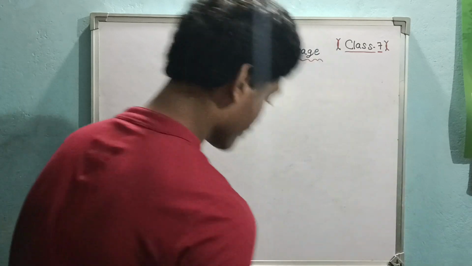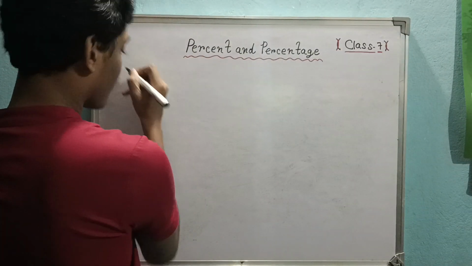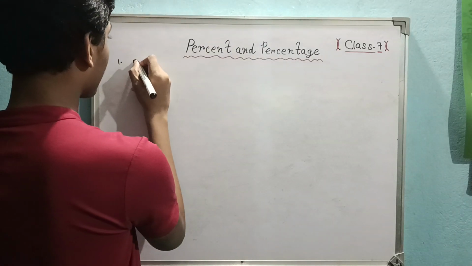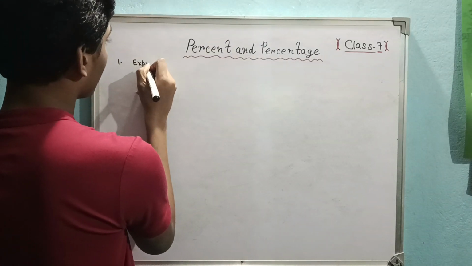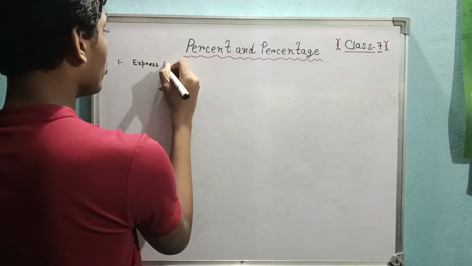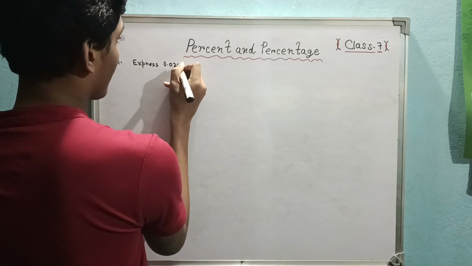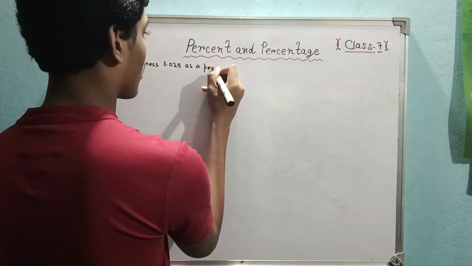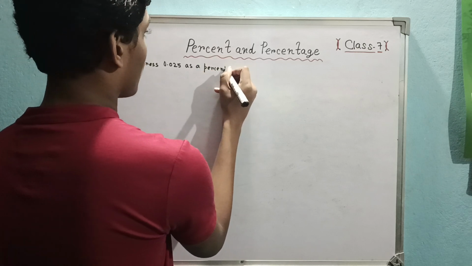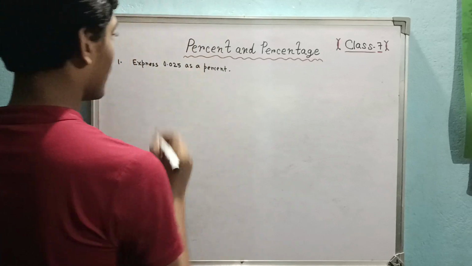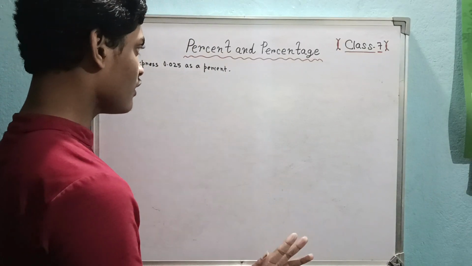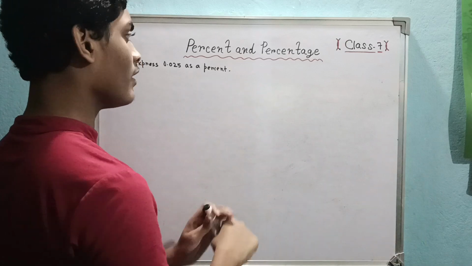So let's start with a very easy one. All sums are easy, but still let's see. Question 1: express 0.025 as a percent. What I told is that x to be represented as a percentage will be x into 100%.